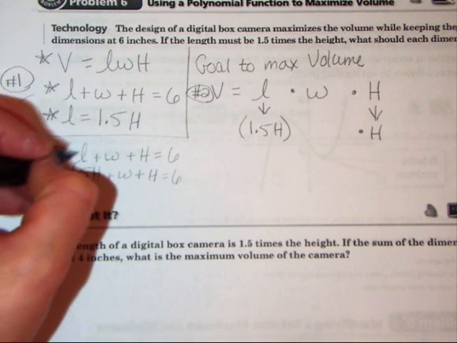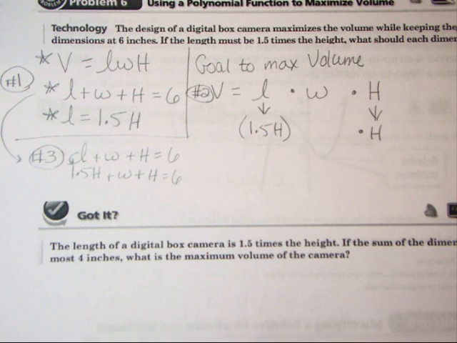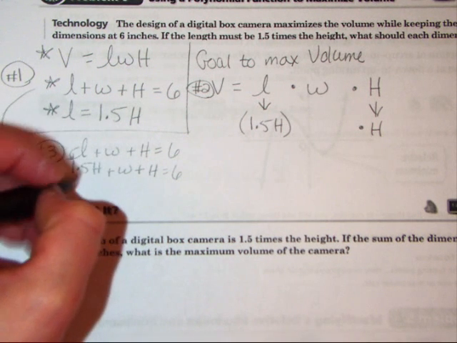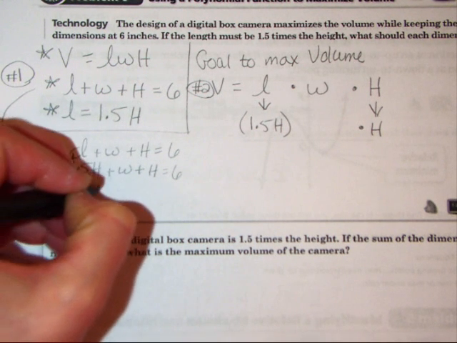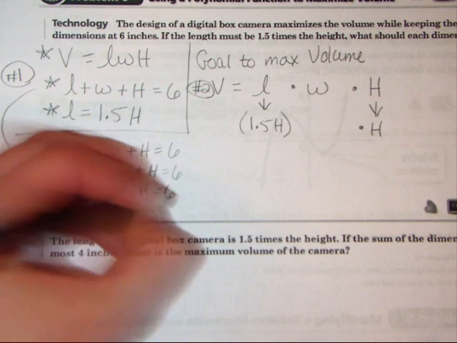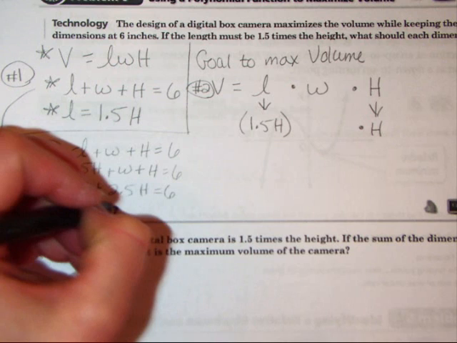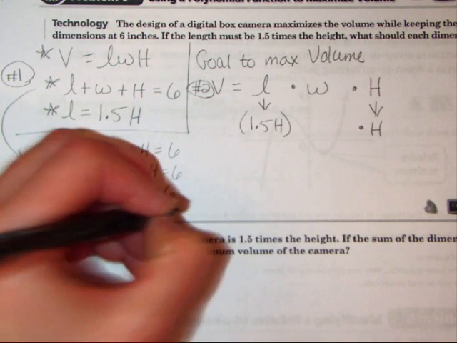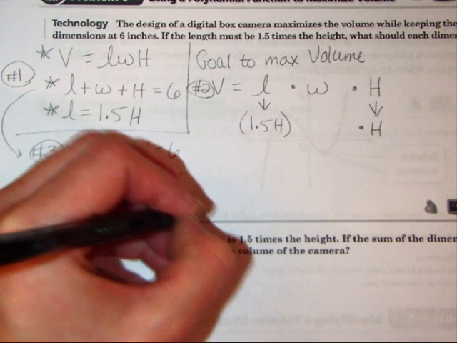Can you see what I did there? I just changed length to 1.5h. Alright, now check this out. I hope you agree with me that that is really w plus 2.5h equals 6. And now I hope you agree with me one more step, that w could be written as 6 minus 2.5h.